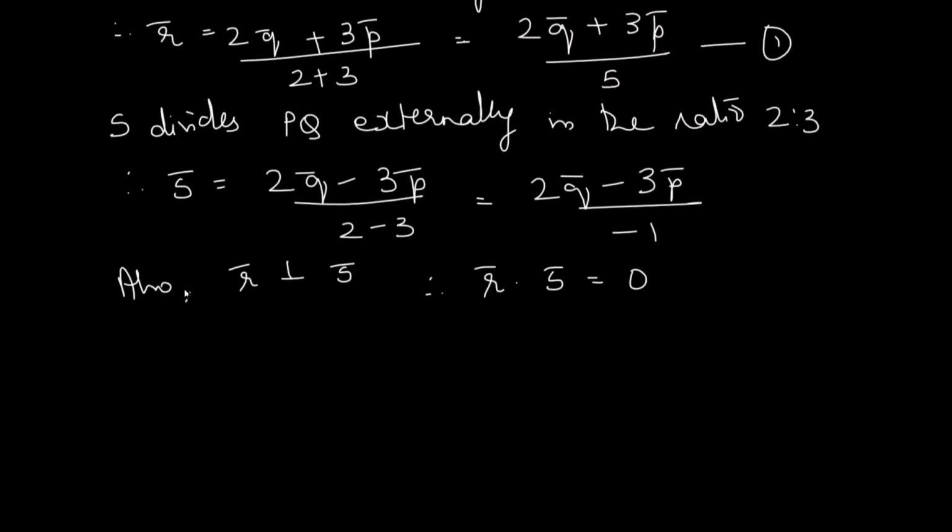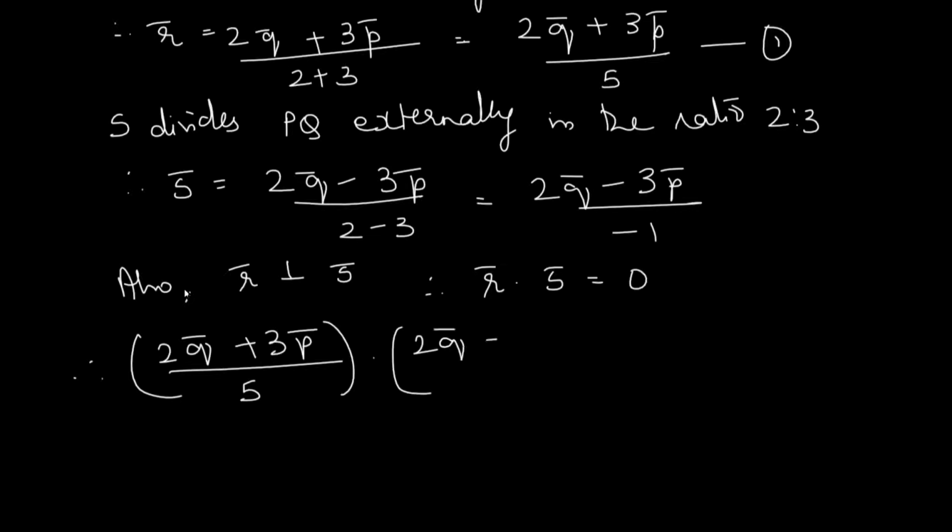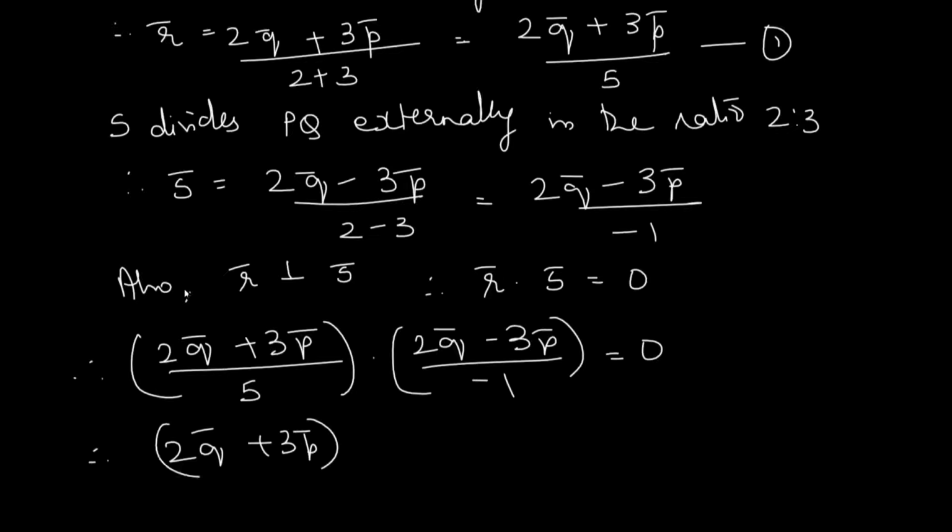Writing the values of R and S, we get 2Q plus 3P upon 5 dot 2Q minus 3P upon minus 1 is equal to 0. Now the denominators go to the RHS, they become 0, and therefore we get 2Q plus 3P dot 2Q minus 3P is equal to 0.